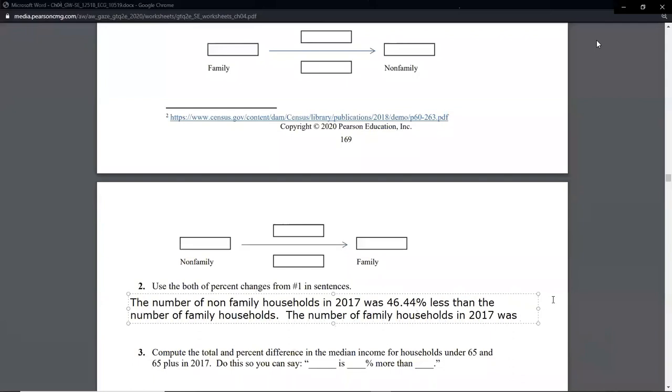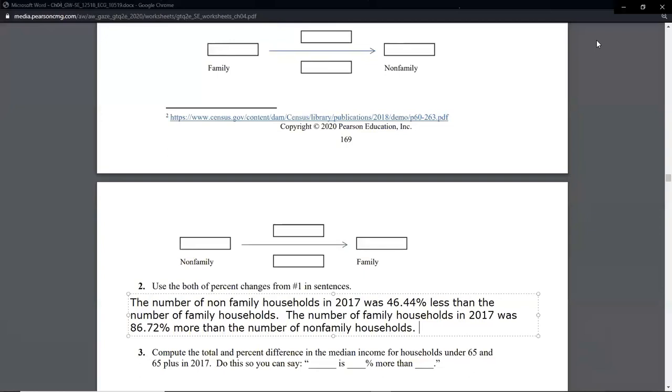The number of family households in 2017 was 86.72% more than the number of non-family households. And we're going to skip number 3.